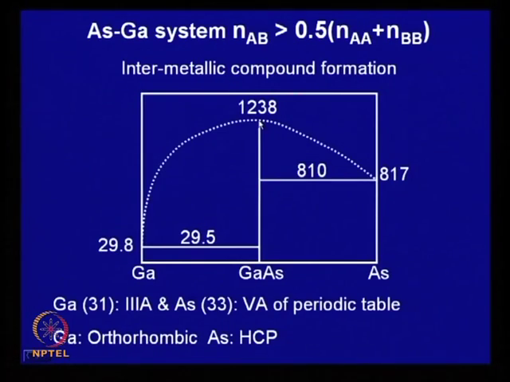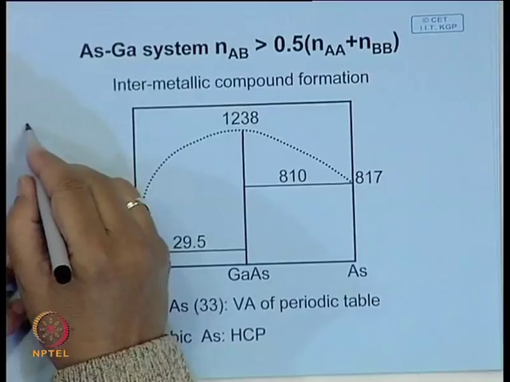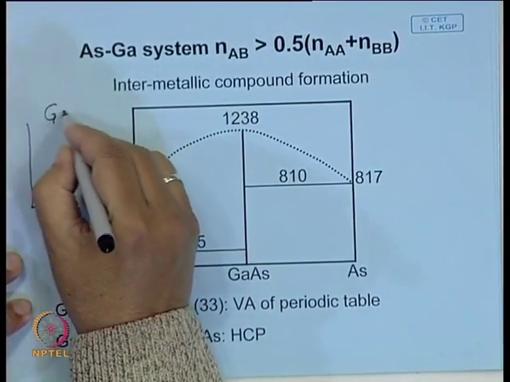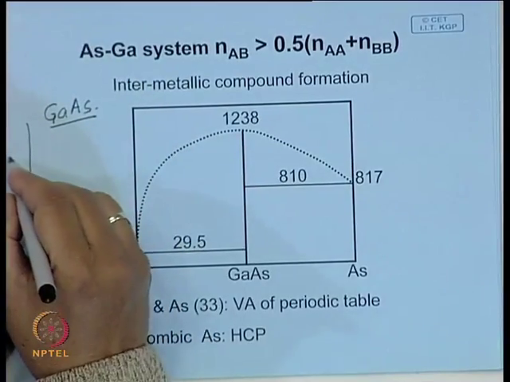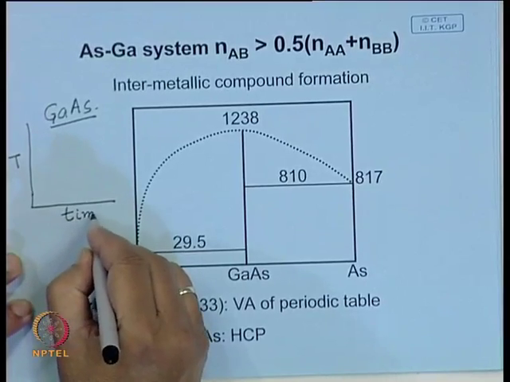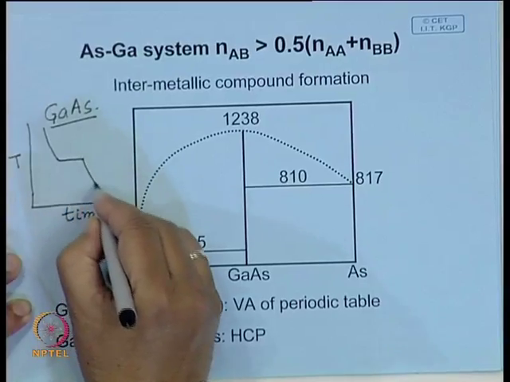If you plot its cooling curve or solidification curve, the freezing curve will be exactly the same as that of a pure metal. Gallium arsenide is a compound, something like a pure substance, and if you plot its cooling curve with time, it will follow this kind of shape.